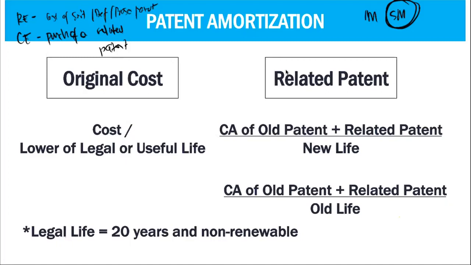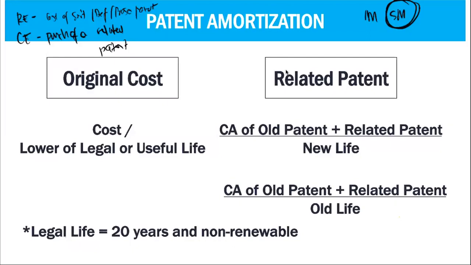Because normally, if you have a patent and then you have a competitive patent, which is somewhat related to your patent, it is part of your competitor's patent. So if you purchase a competitive patent, what will happen to your patent? Again, you have a patent and then there is another patent, a competitive or related patent.